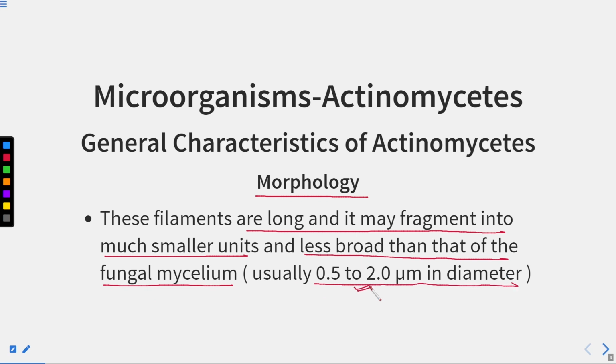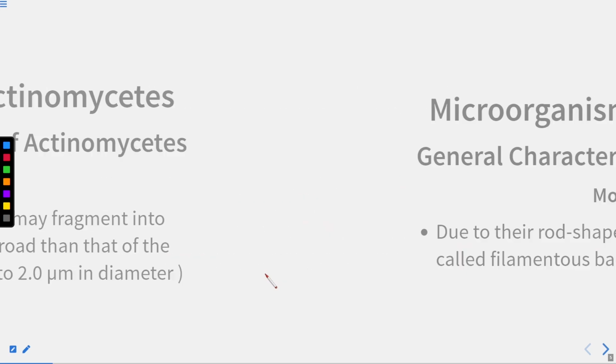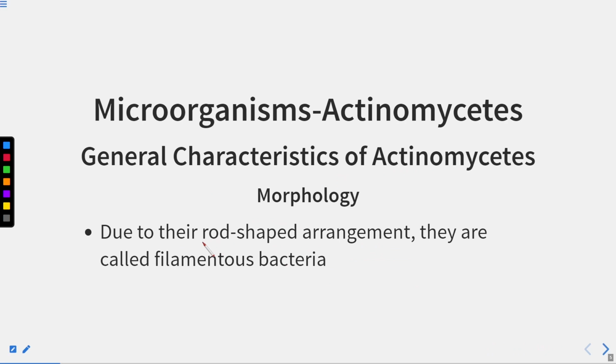So they are very small, and their filaments are long, but they can be broken into fragments of much smaller units. The fungal mycelium is quite a bit broader than the filament of the actinomycetes.